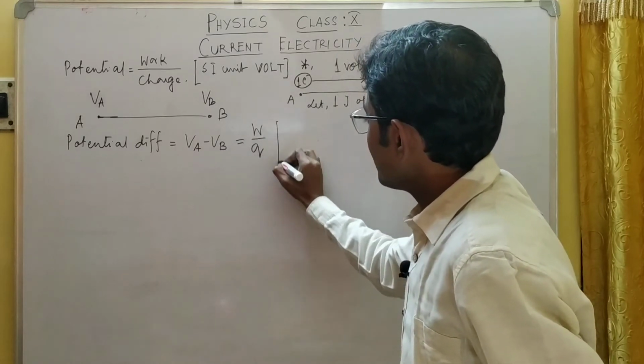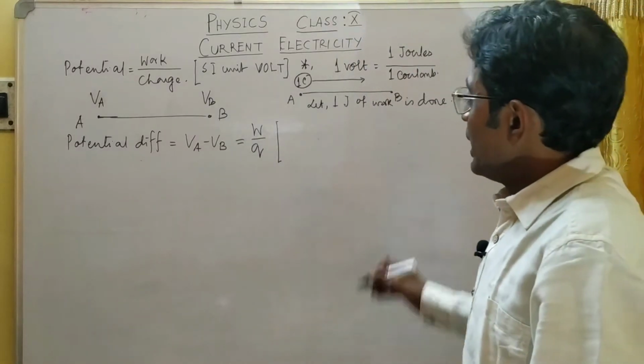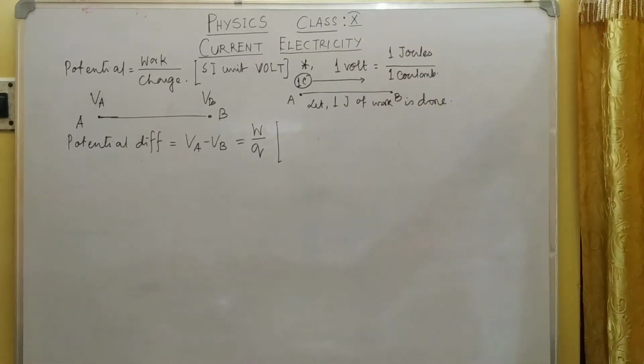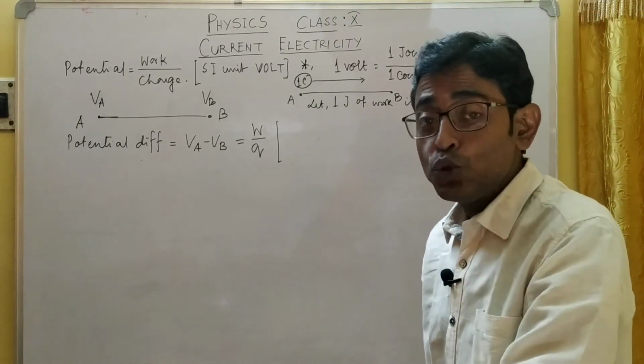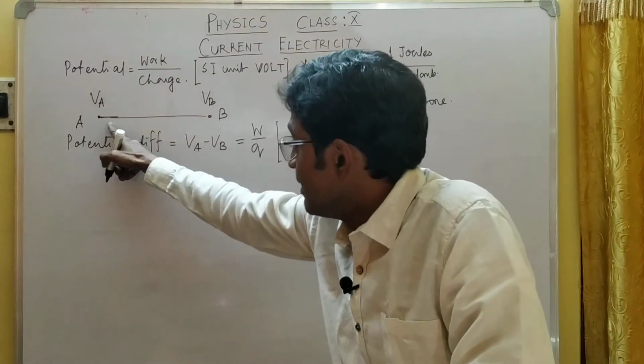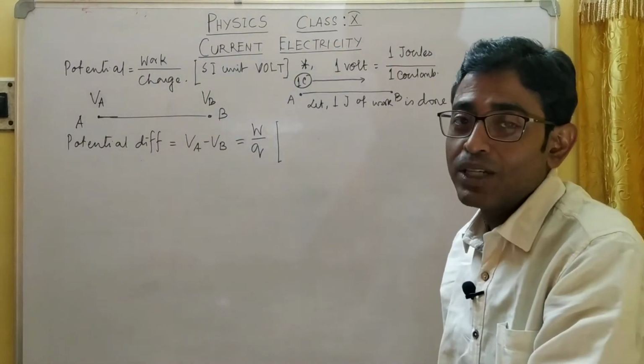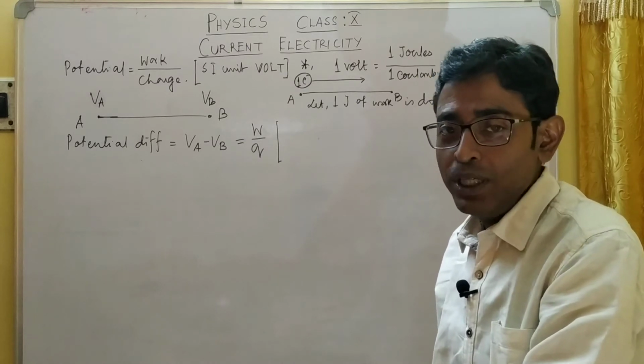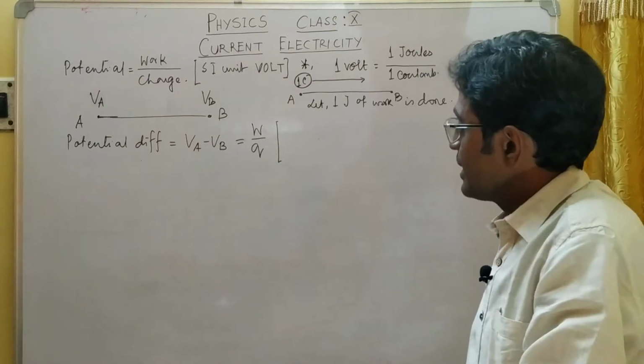Now I'll form the definition here. In order to move 1 coulomb charge, if 1 joule of work has to be done, then the potential difference between the two ends of the conductor is said to be 1 volt. So I'll write it.